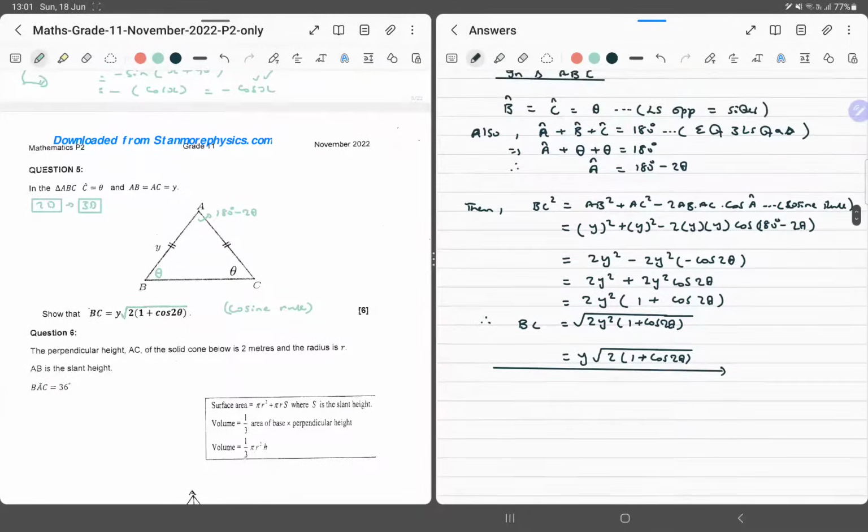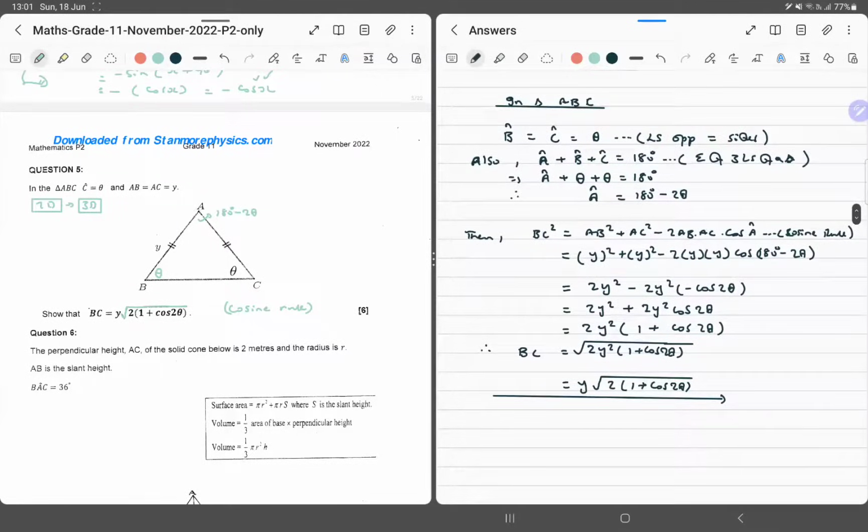So this one was a bit of work. Important is this angle. That angle is important, and then substitution into the cosine rule is important, and this reduction here is important, and then how we factorized is important, how we took the square root is important.